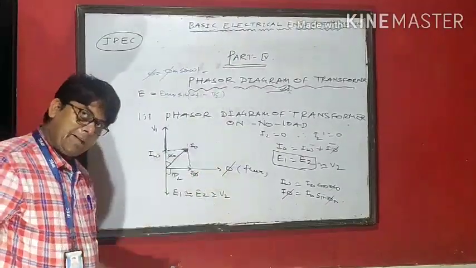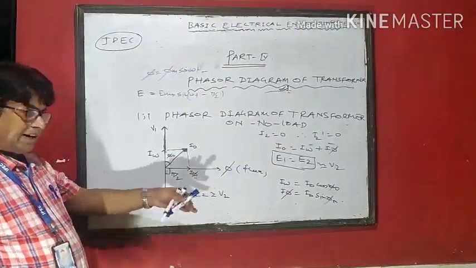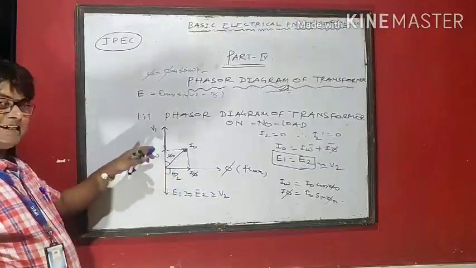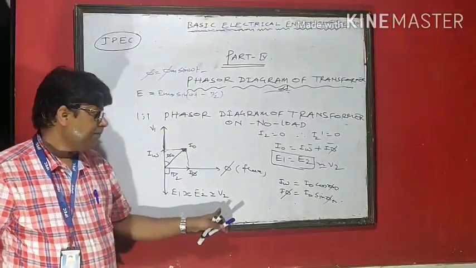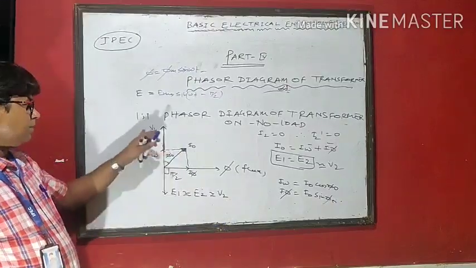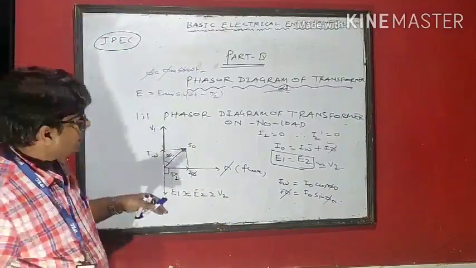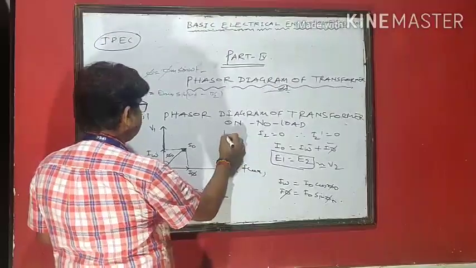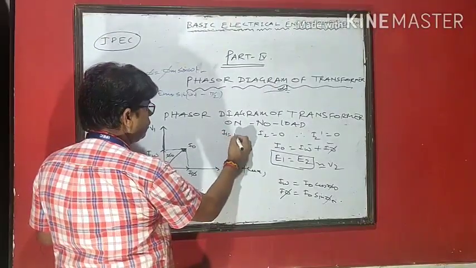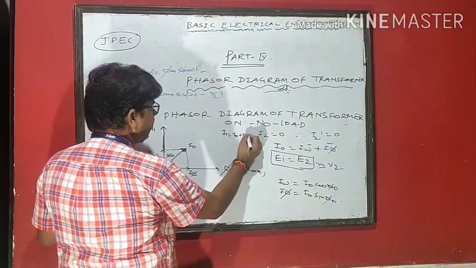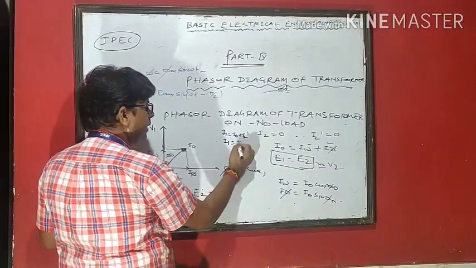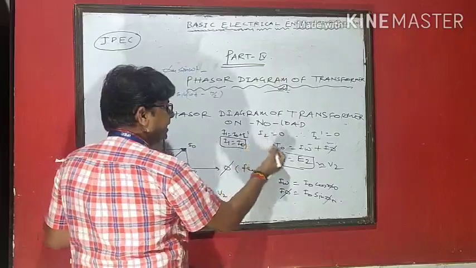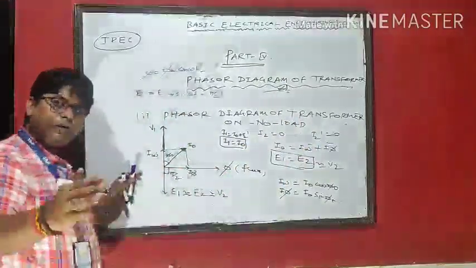In the phasor diagram, all the parameters, that is EMF, voltage and current, are shown. Here I1 equals I naught plus I2 dash. On the primary side, I1 equals I naught, because I2 dash equals 0, because the load is not connected.